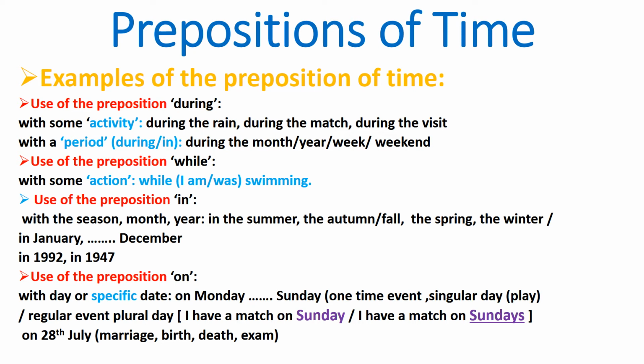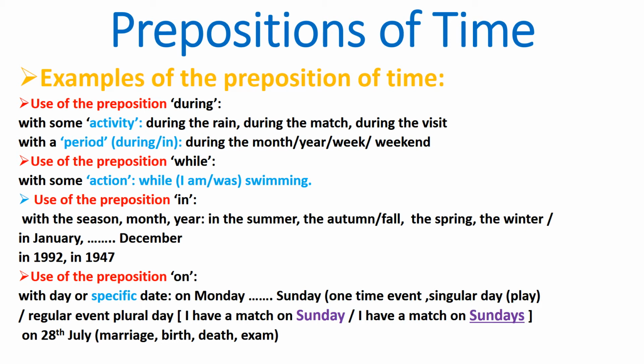We also need to remember that when we are talking about a one-time event that is taking place one time in a week, so it is not happening every time the week comes, we use the singular day.